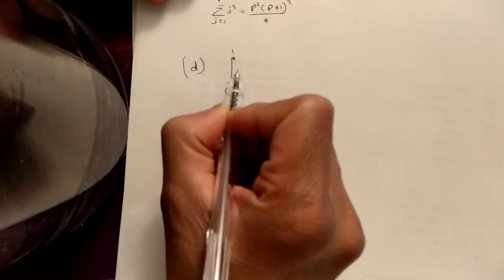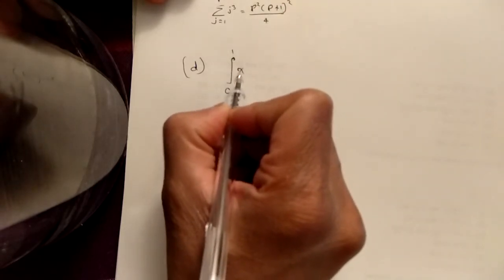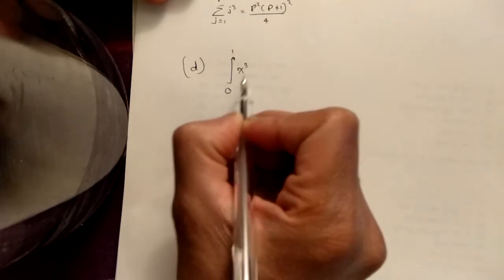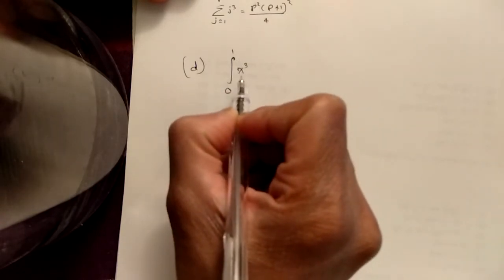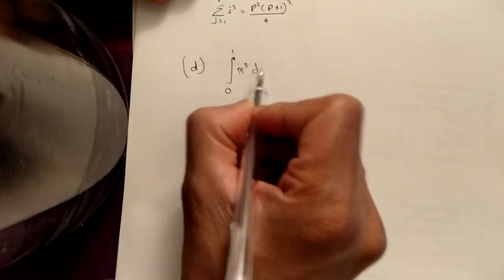And in this part we have to calculate the integral between 0 and 1 of x cubed, right? So what is the relationship between the integral and the sigma notation?